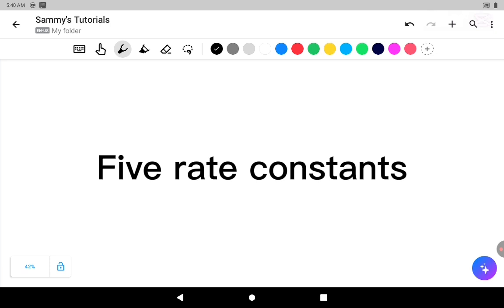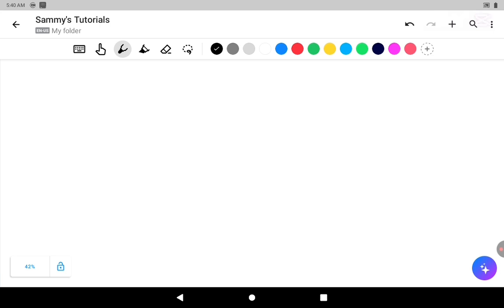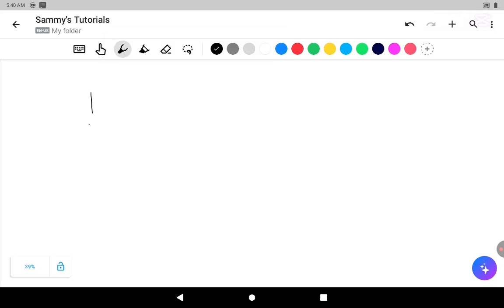So the first constant to consider is the dissociation constant from the EA complex, right? And that is KSA, okay? That is KSA. Second constant to consider is KSB, all right?